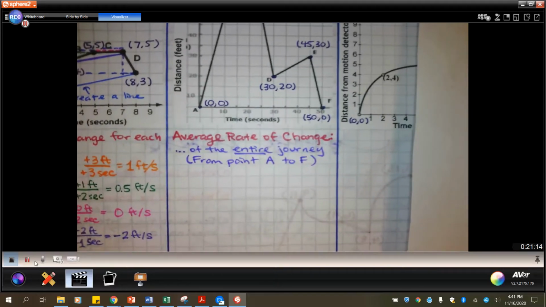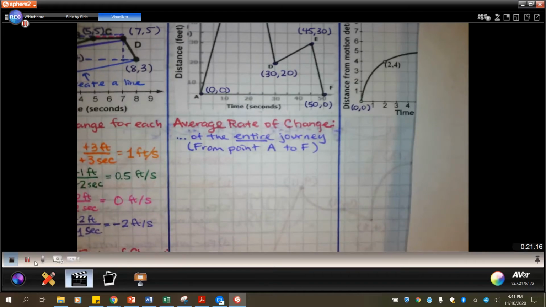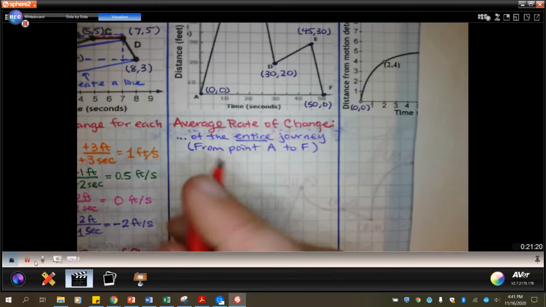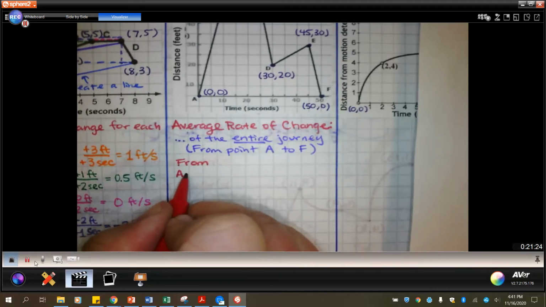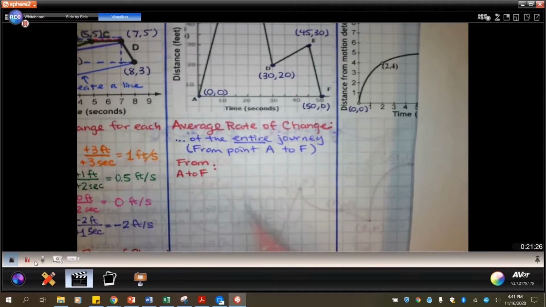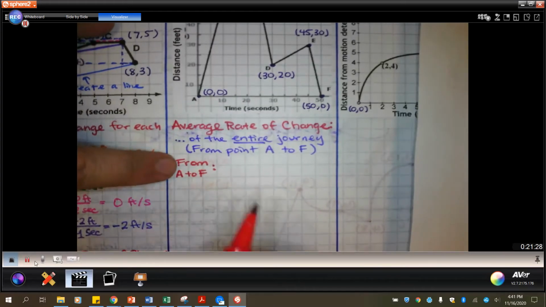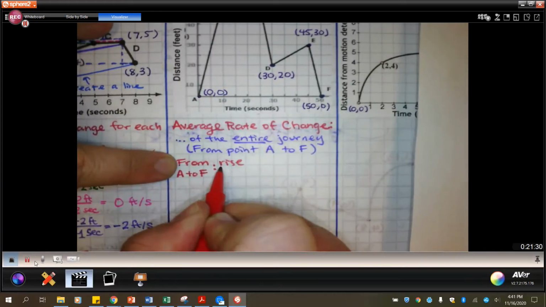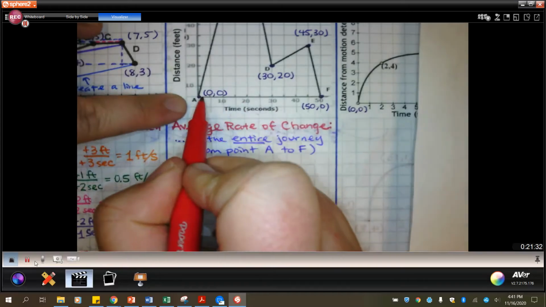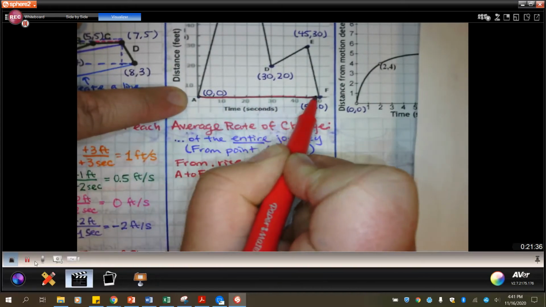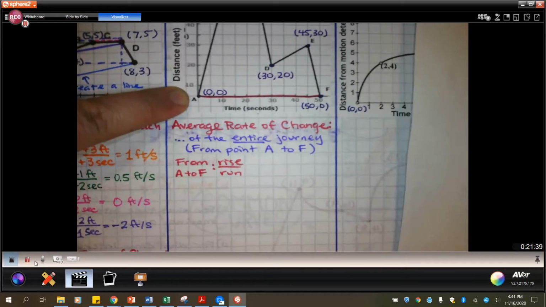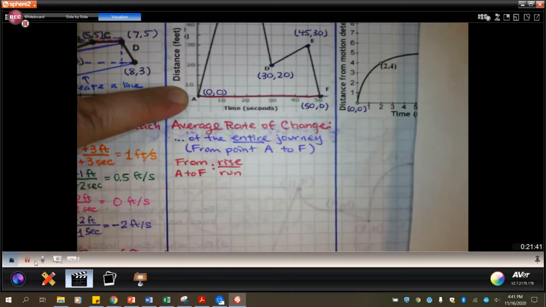Okay, and you're actually going to see something really weird happen. So to do this, from A to F, we want to again do rise over run. And notice that A to F is just a straight, flat, horizontal line.